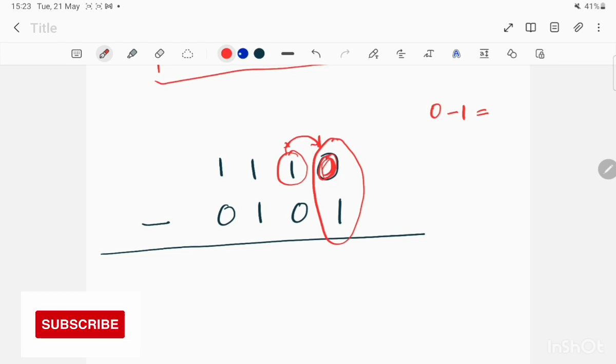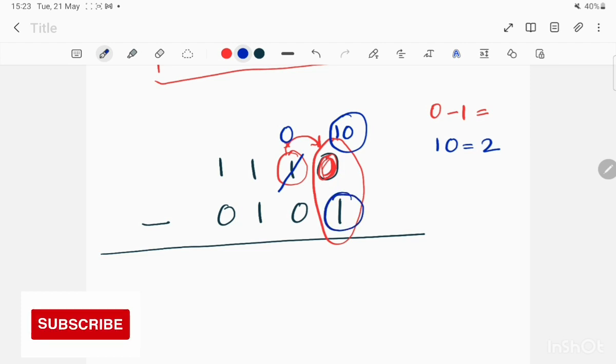After it gives the 1, the 0 doesn't become 0 plus 1, it becomes 1 0. And when it has given the 1, it is now vacant, so it has become 0. Now you know that 1 0 is nothing but 2. Now it is like 2 minus 1. 2 minus 1 is how much? 1.